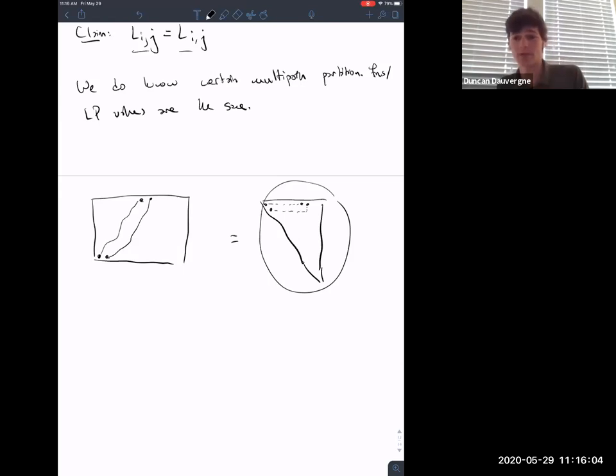Okay, and again, this is the same for last passage values and for partition functions. So at this point, it's going to be easier to think about this in terms of partition functions. So why is L equal to L tilde for partition functions?